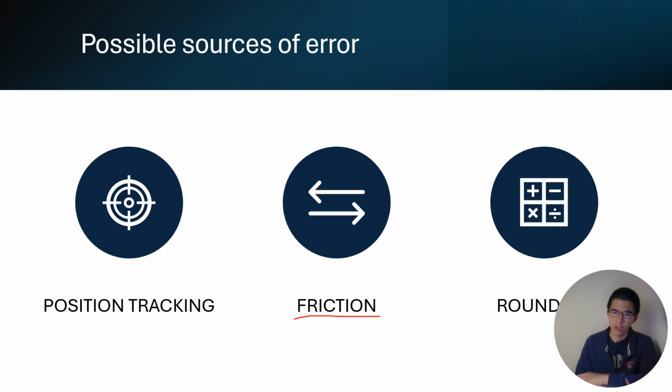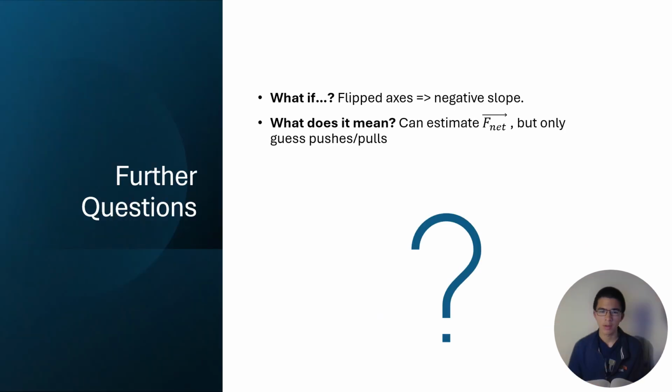Other potential errors include incorrectly tracking the direct middle of the black part of the cart, or potentially making rounding errors when plugging information into GlowScript.